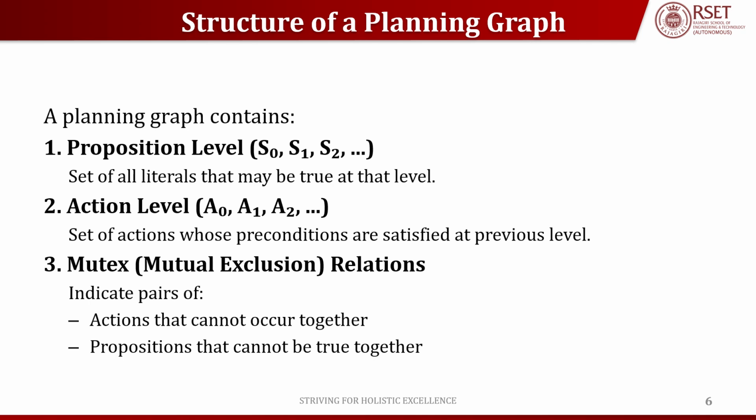And then you have mutex relations, also known as mutual exclusion. These indicate the pairs of actions that cannot occur together and propositions that cannot be true together. So in a planning graph, we have two levels and one mutex relation: first the proposition level, second the action level, and third the mutual exclusion relations.